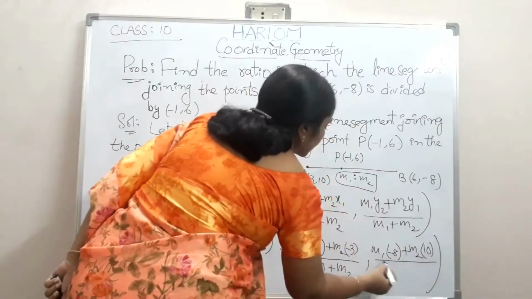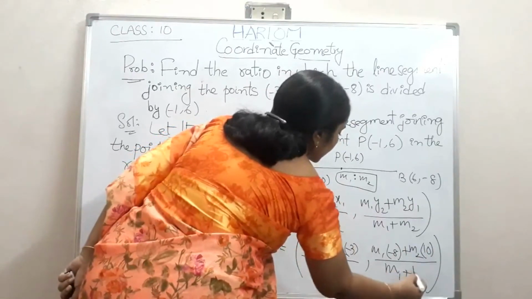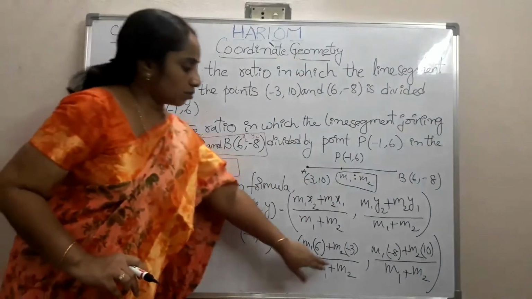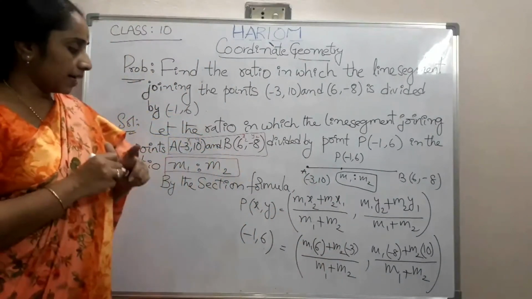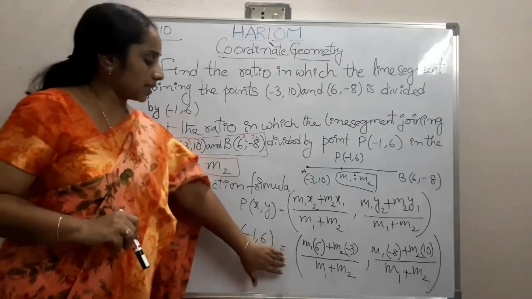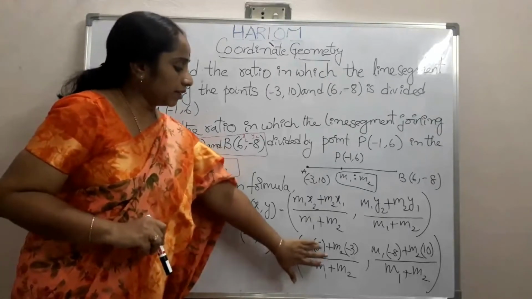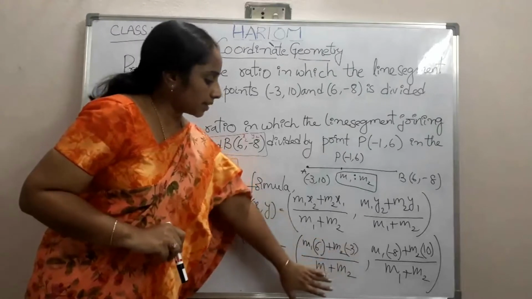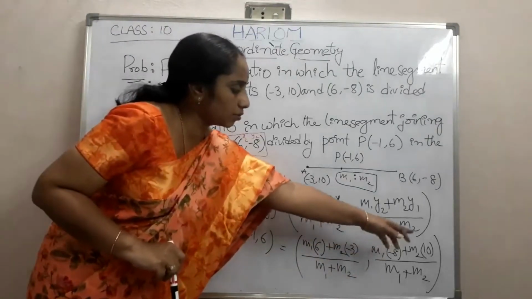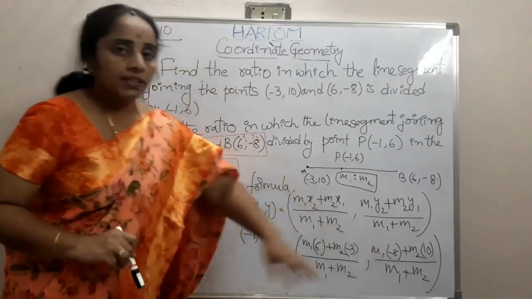by m1 plus m2. Now by simplifying these two, that means here we are equating (-1, 6) is equal to (m1 into 6 plus m2 into -3) by m1 plus m2, (m1 into -8 plus m2 into 10) by m1 plus m2.